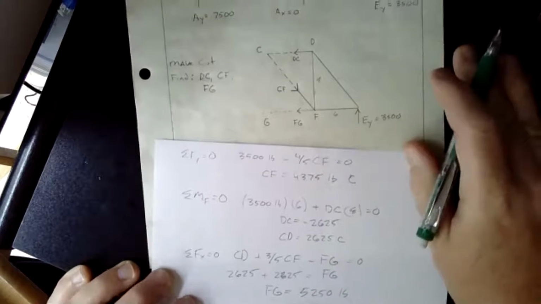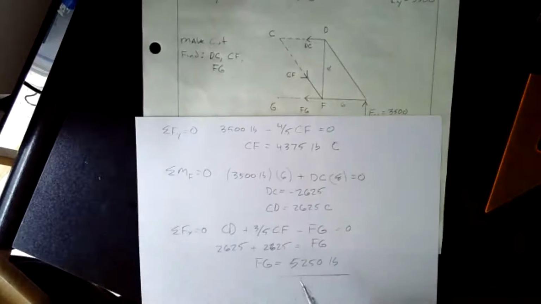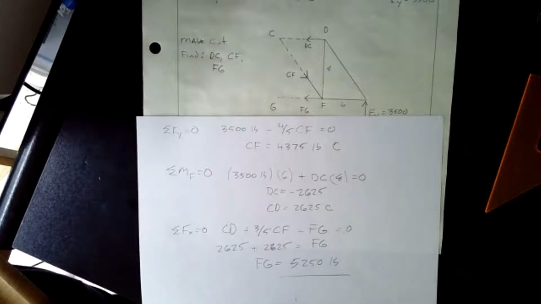So there's two ways. If you're solving two equations with two unknowns and you end up with a negative, then you want to plug that negative back into your equation and solve. If the other answer you get is positive, that means that one was correctly identified.